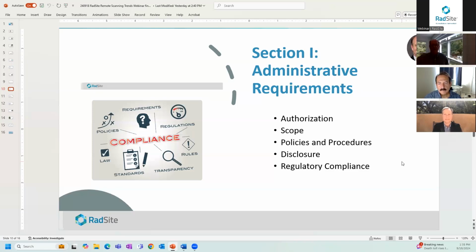So we're trying to create the first comprehensive framework that treats it more holistically. You could look at this accreditation program and just address it to MRI. It doesn't mandate CT, but what we do mandate is that if you have a remote scanning location, all your imaging equipment associated with remote scanning, covering CT and MRI, must be included. But I think most of our applicants will probably just be related to MRI at this point.